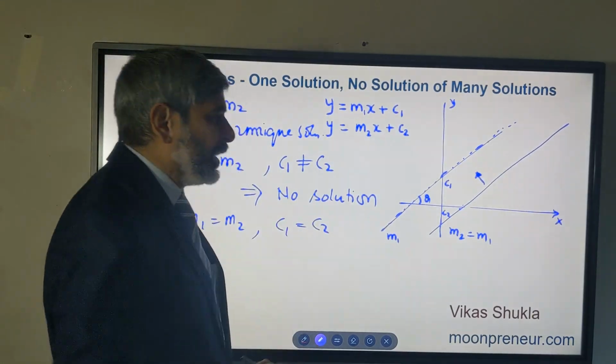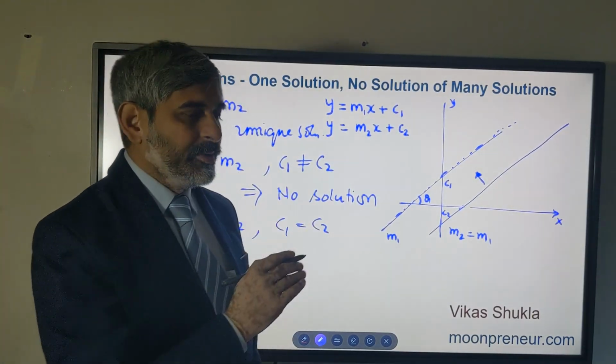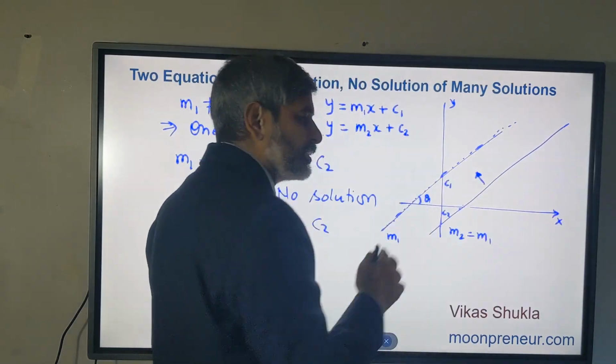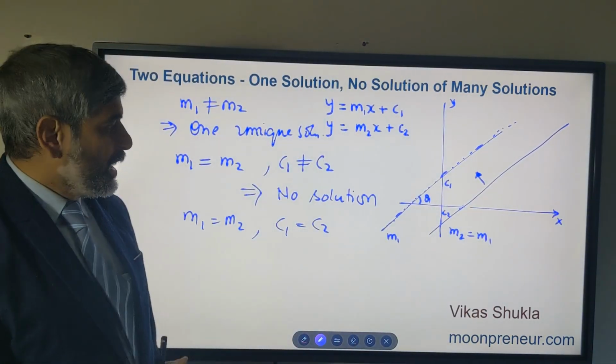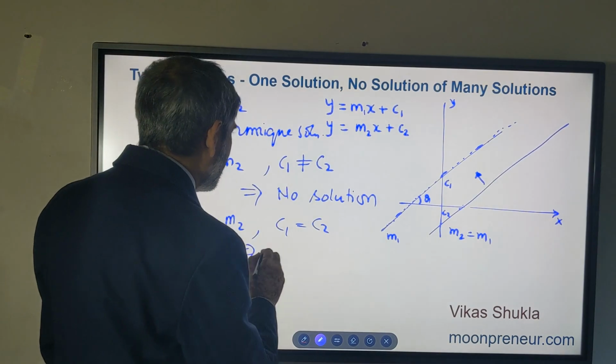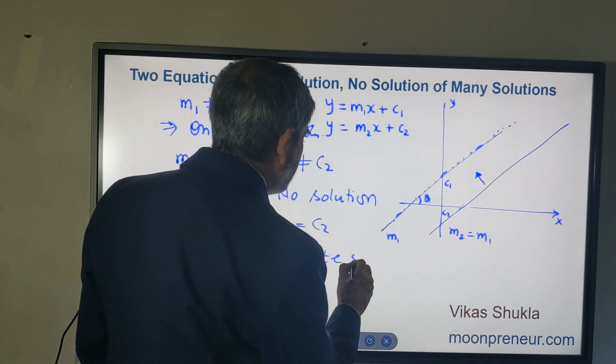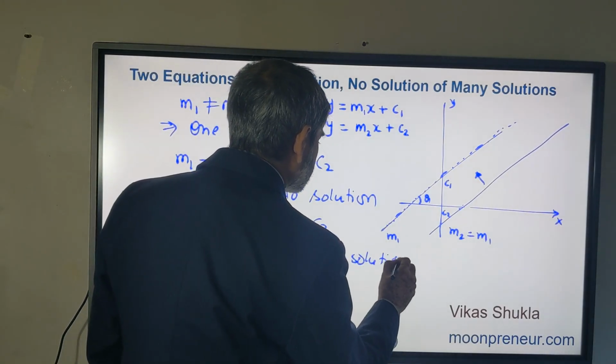When that happens, these two lines overlap each other, so every single point on this line is a solution to the two equations. And under such conditions, we will have infinitely many solutions.